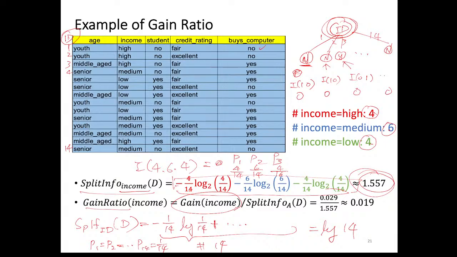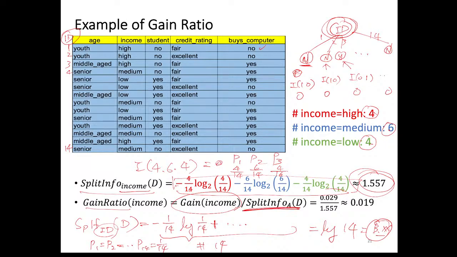I don't know the number, but it's probably 3 point something. So if we use the ID to split the data set into certain groups, that will be penalized by this much because we divide it in the denominator.